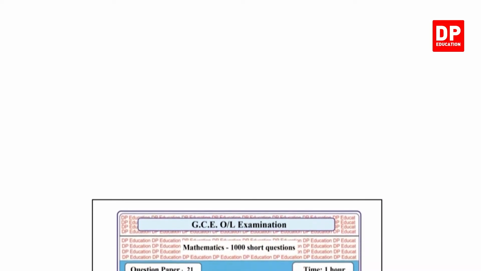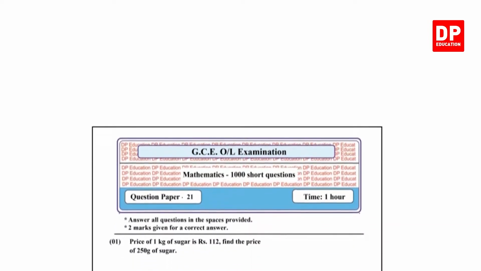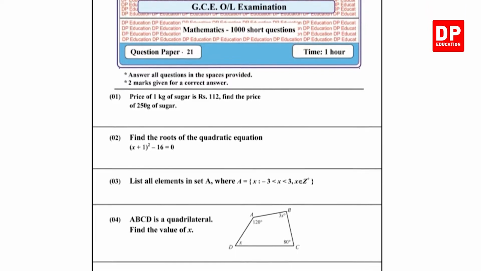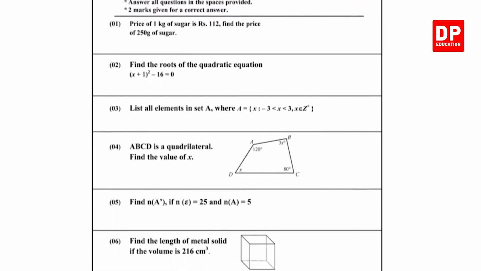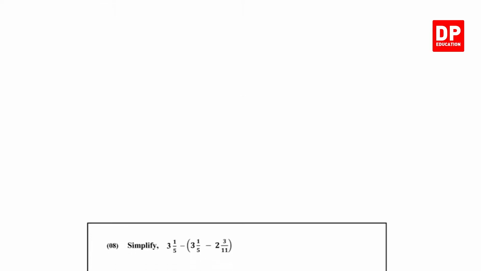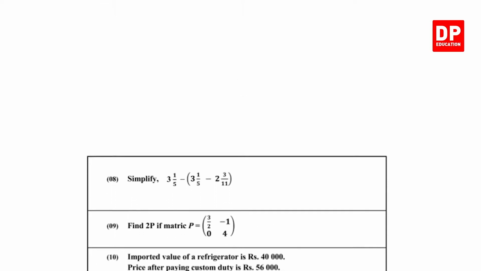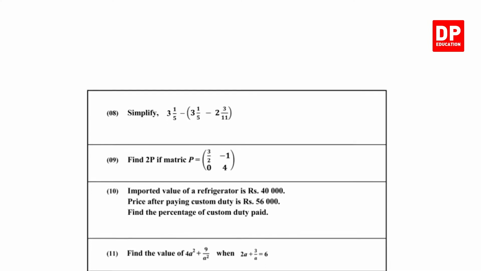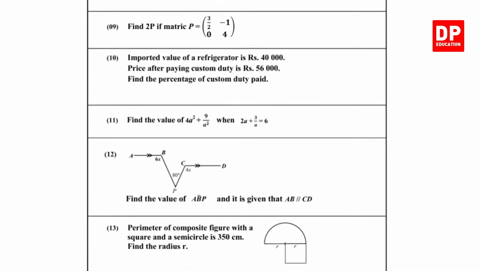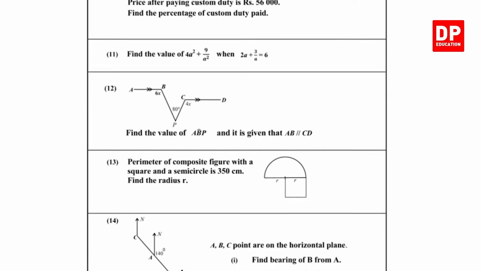So page 1 you get 1, 2, 3, 4, 5, 6, 7. Page number 2, you get 8, 9, 10, 11, 12, 13, 14.